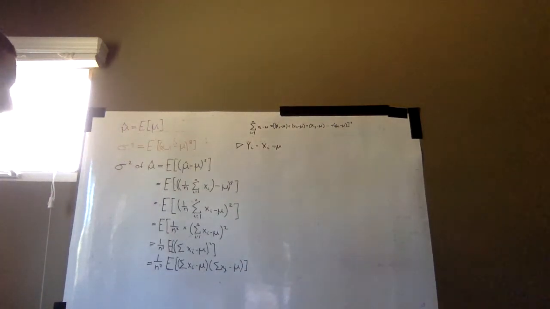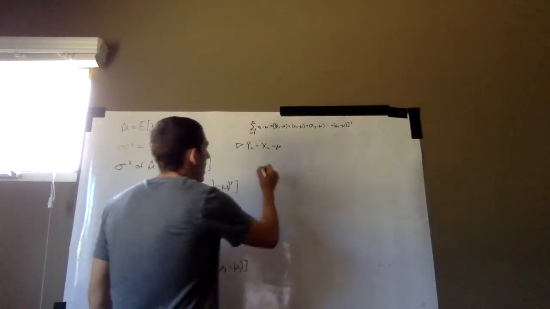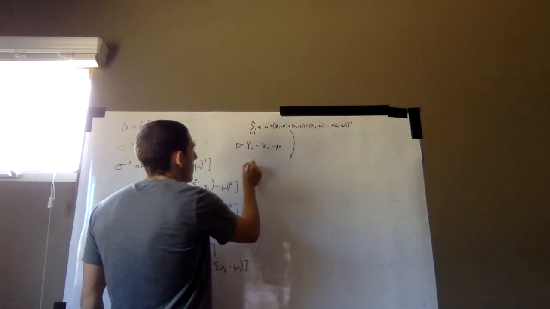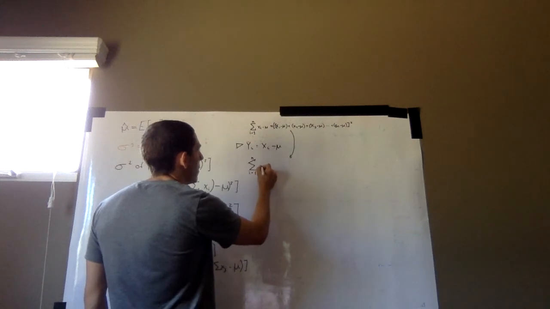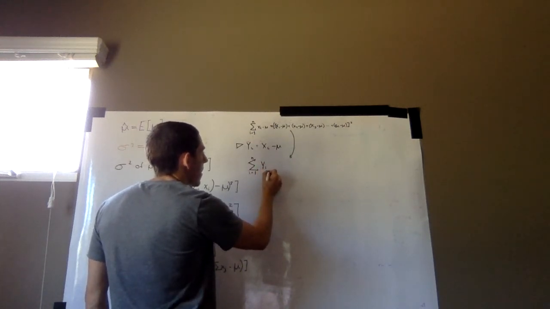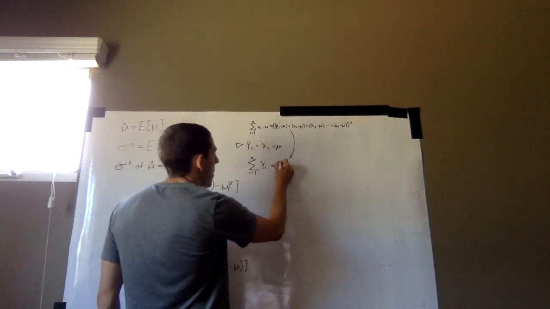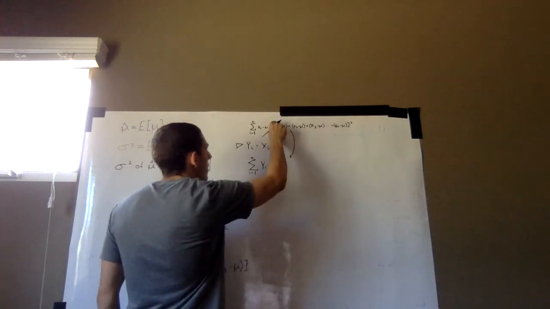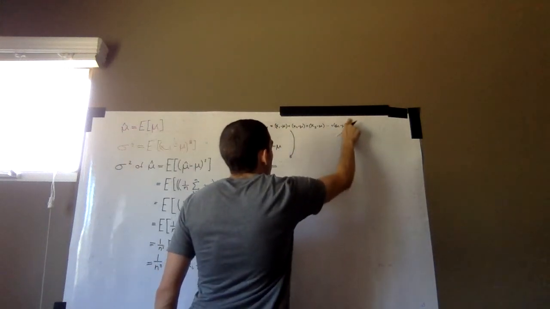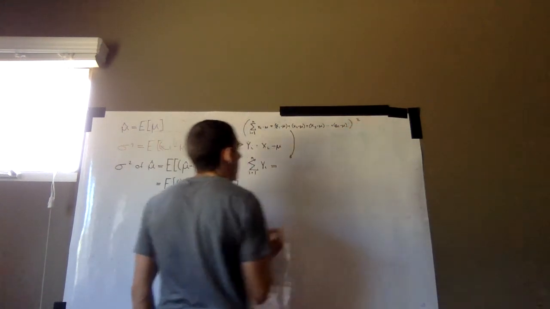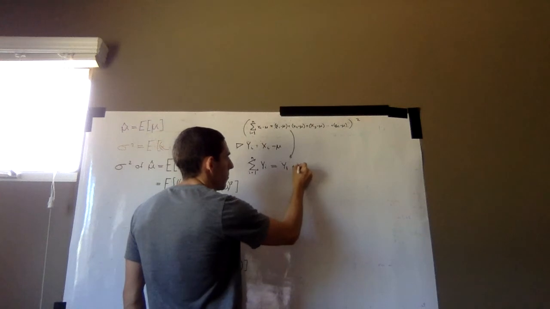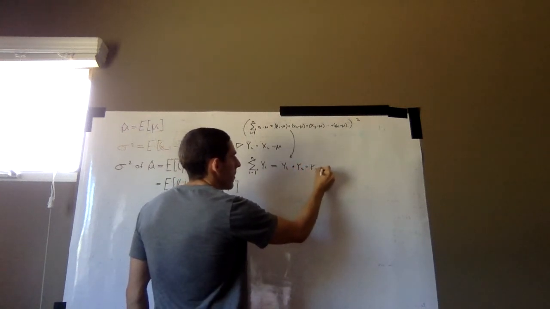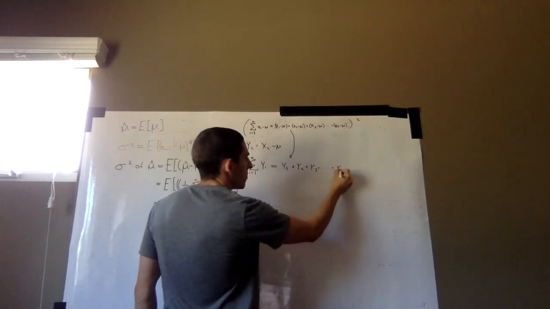Well, we're just going to substitute for this. This is easier to manage. And so what this means is, instead of this, we have the sum from i equals 1 to n of yi, and we're going to square this, which is equal to y1 plus y2 plus y3, and so on till we get to yn.